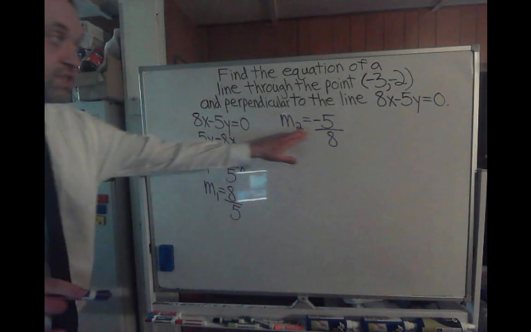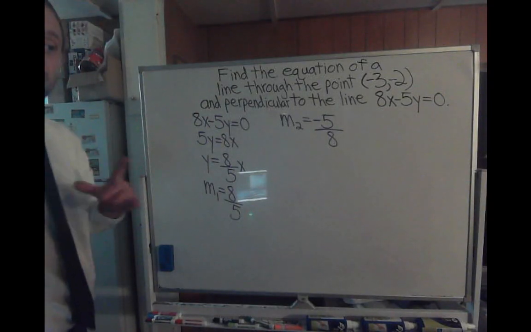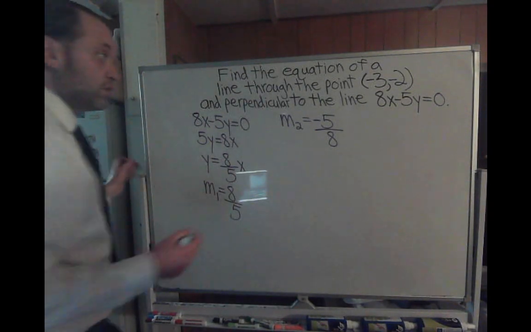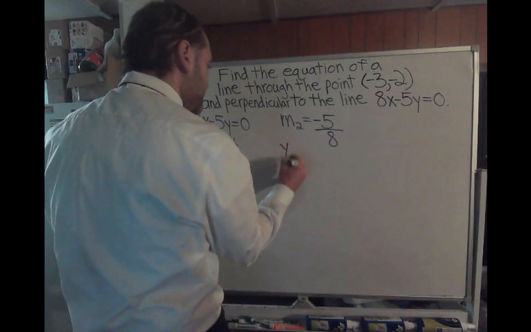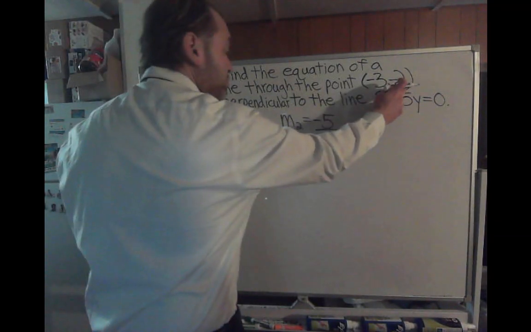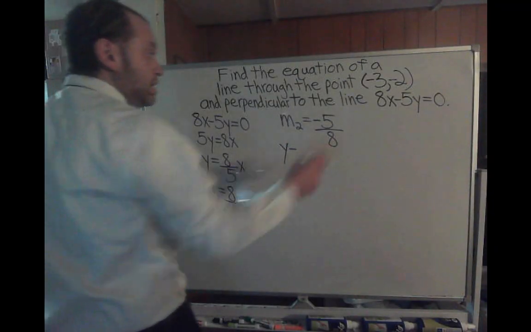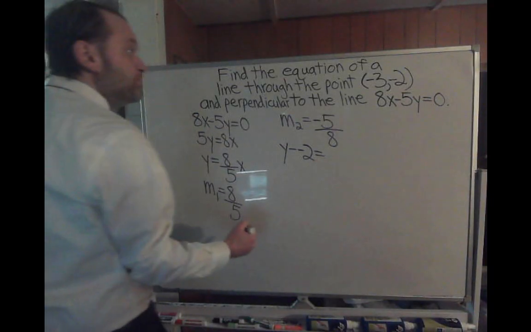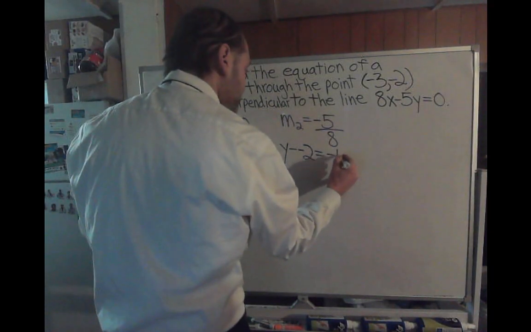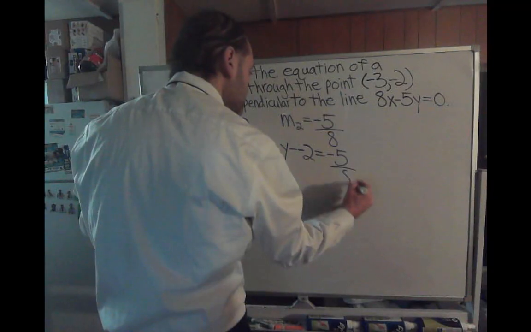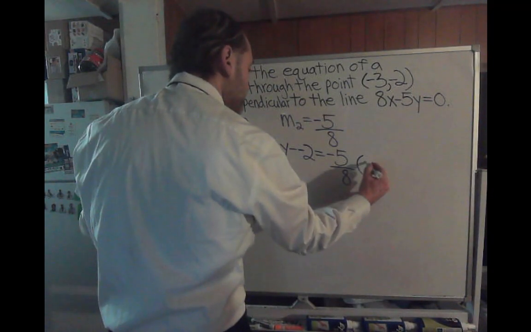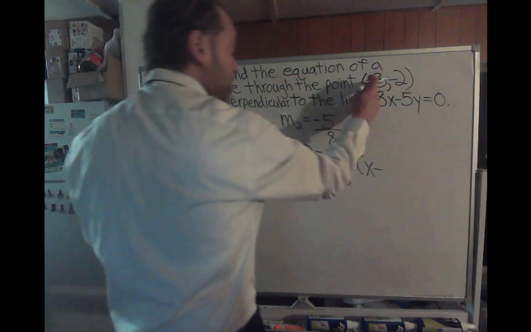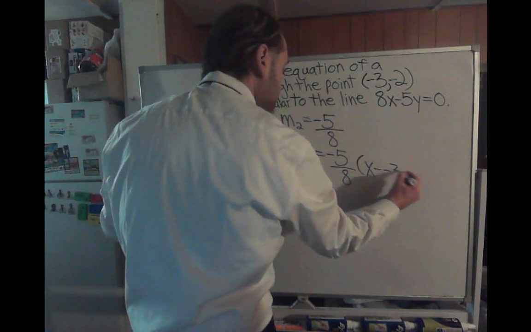Now that you found the slope of the second line, you're just going to put this into point slope form. So take y minus the y coordinate of the point you're trying to go through, so it'd be y minus negative 2 equals negative 5/8 times the quantity of x minus the x coordinate of the point it passes through, minus negative 3.